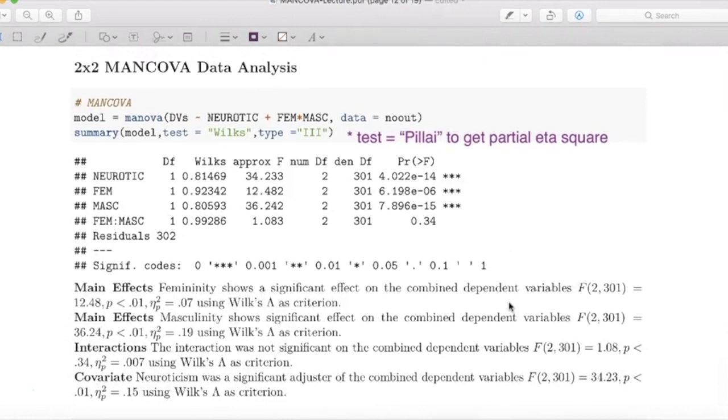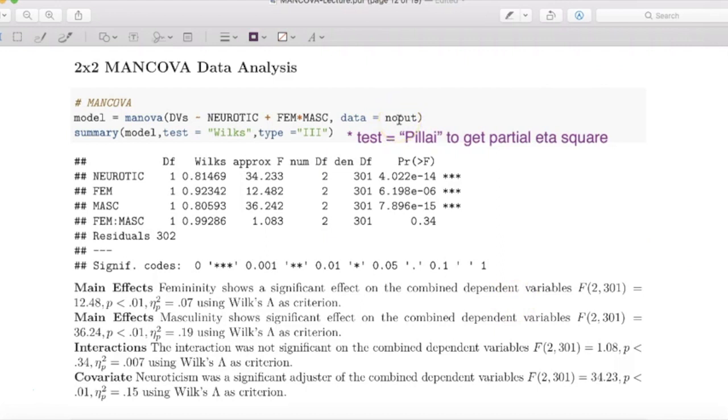Cool. So now we're actually going to run our 2x2 MANCOVA data analysis. I am going to use this function called MANCOVA, and I'm going to write out again my linear model here. So I have the DVs and then my covariate, neurotic, and my 2 dependent variables, femininity and masculinity, and I'm pointing to that data set, no out.